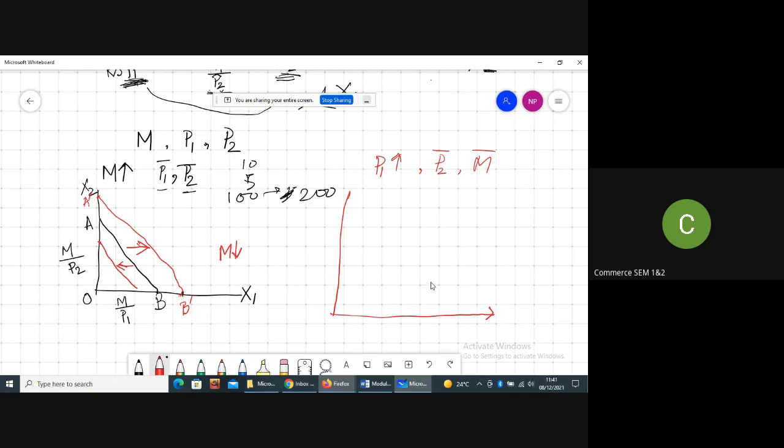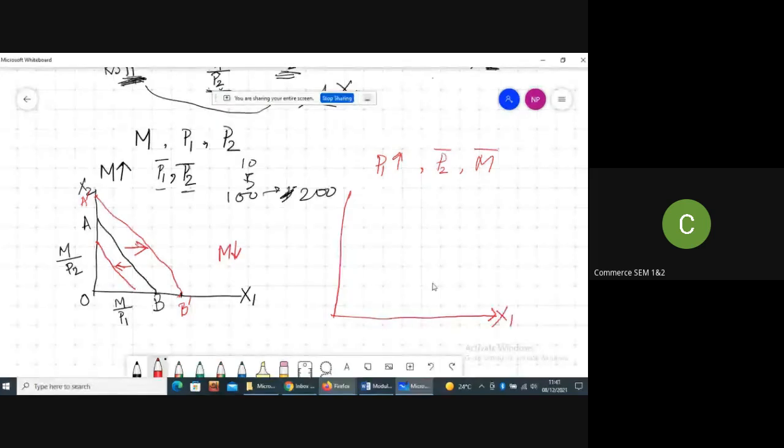You tell me now. I want an answer from you. So this is your initial budget line AB. Now what will happen if P1 increases?